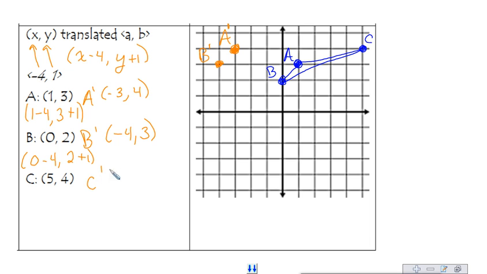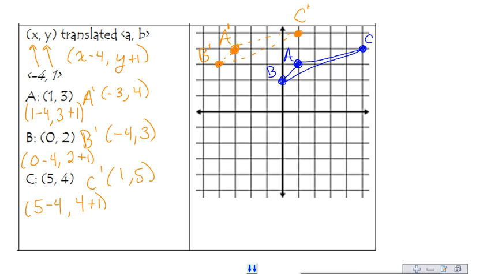And then my C prime, I'm going to take my 5 and subtract 4. I'm going to take my 4 and I'm going to add 1. That's going to give me 1 comma 5. So over 1 and up 1, 2, 3, 4, 5 is my C prime. Get my dotted line. And it's the same exact shape, it's just slid in this direction.